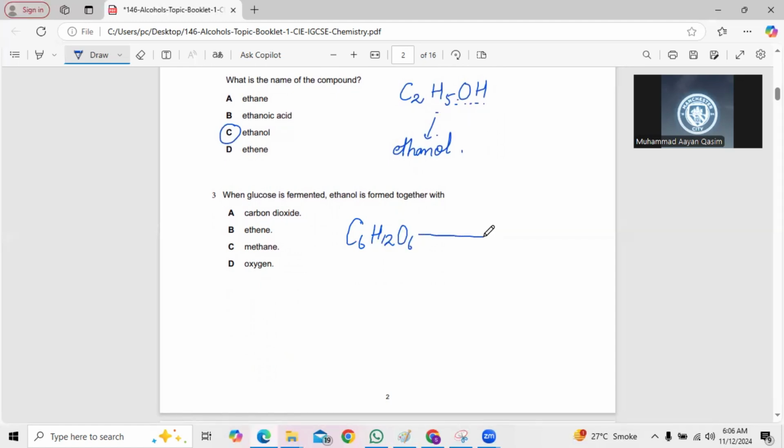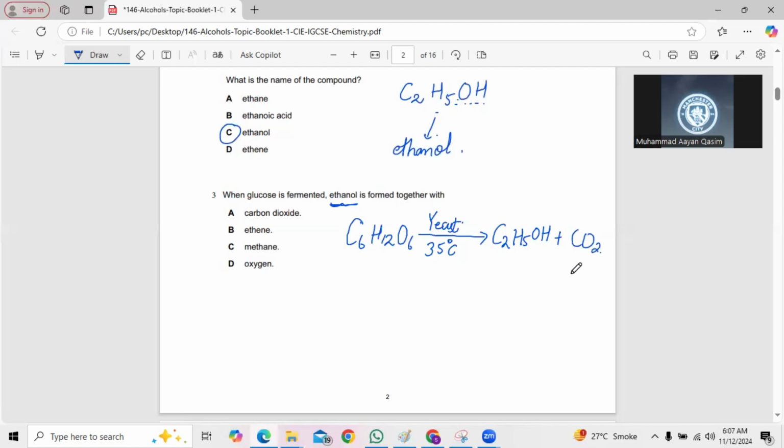And when it is fermented in the presence of yeast at a temperature of around 35 degrees Celsius, it's going to form alcohol, and that would be ethanol, C2H5OH, plus there is production of carbon dioxide gas.